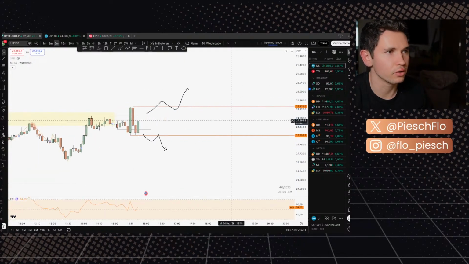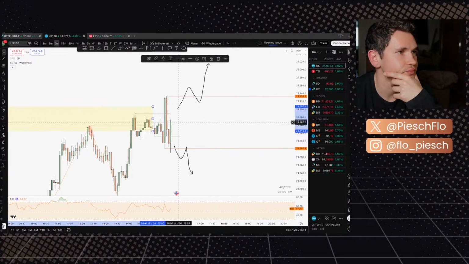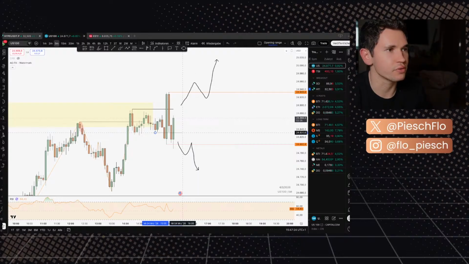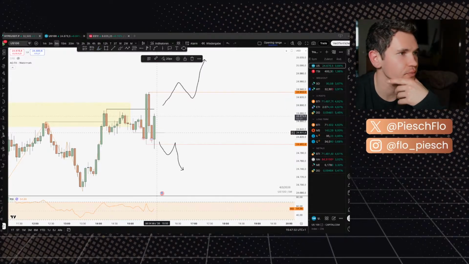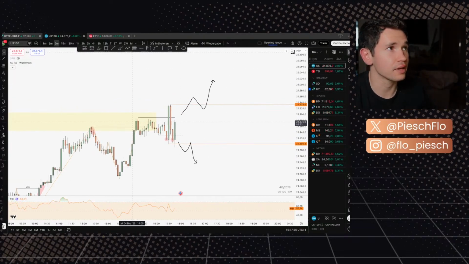But I don't know, market does what it does. Now we are closing back in. So if we close above here, this is not a valid break. We had 2 closes below, but not 2 consecutive closes. So for now, it's just a liquidity grab, and we might aim higher.